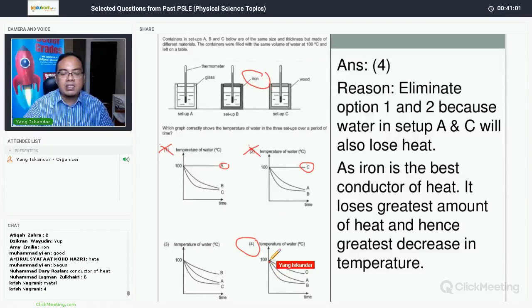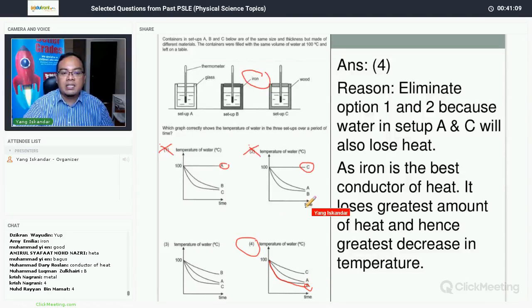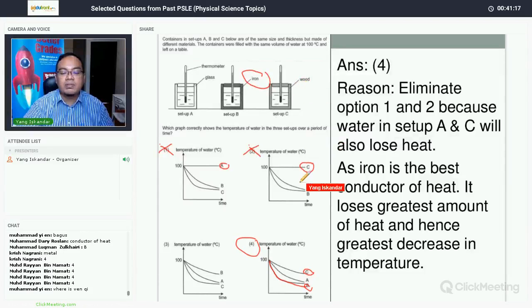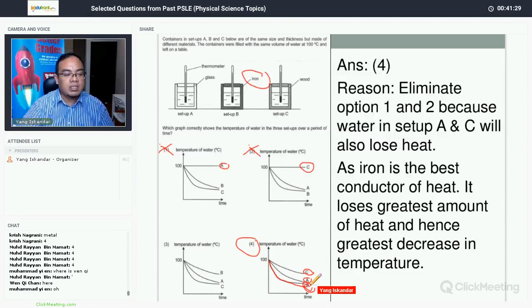Because from 100 degrees Celsius, it decreases the most as compared to A and C. Okay, so you can see here, C is the poorest conductor of heat. Wood is the poorest conductor of heat between these three setups, followed by A. Okay, and the best conductor of heat is B. How do we know? Because the heat loss is the greatest. The temperature of the water decreases the most. Okay.